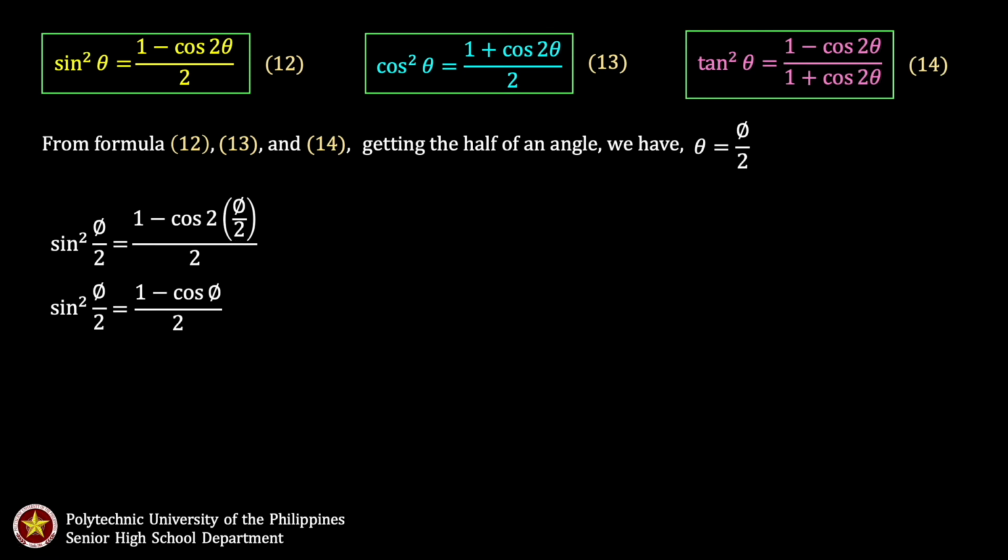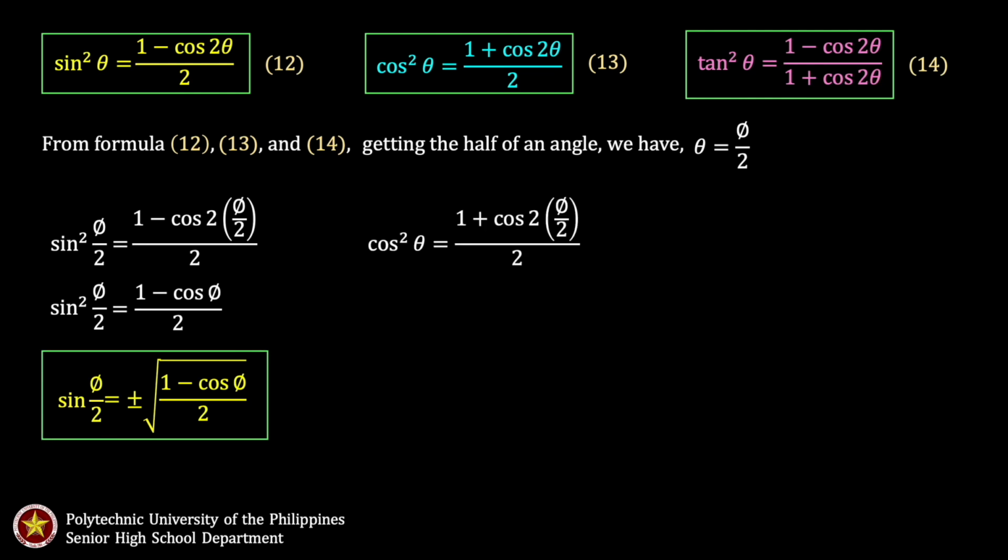Solving for sine phi over 2, extract the roots. We have sine phi over 2 equals positive or negative square root of 1 minus cosine phi over 2. And this is the formula for your half angle under the sine function. For the cosine function, cosine squared theta, substitute phi over 2 into theta. Same procedure, just like what we did.